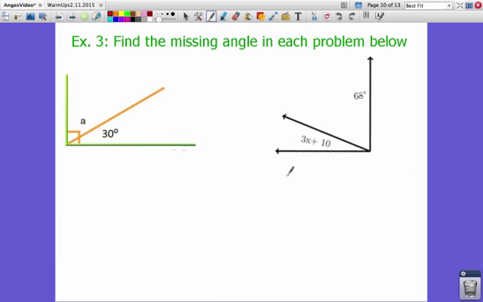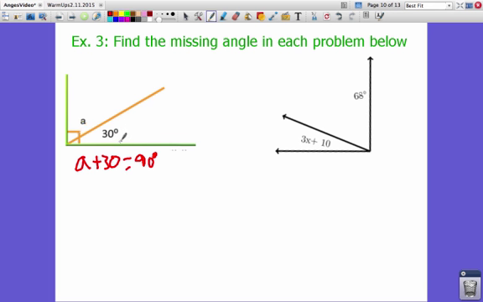All right, I want to find the missing angle in each one of these problems below. Well, let's take a look at this one. I have A and 30 degrees. So I need to figure out what is this angle measure here. Well, I know that A plus 30 equals 90 because this is a right angle.